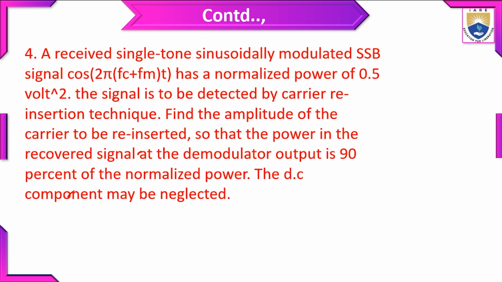Find the amplitude of the carrier to be reinserted so that the power in the recovered signal at the demodulated output is 90% of the normalized power, neglecting the DC component. Okay. So this problem also belongs to SSB, single sideband suppressed carrier.